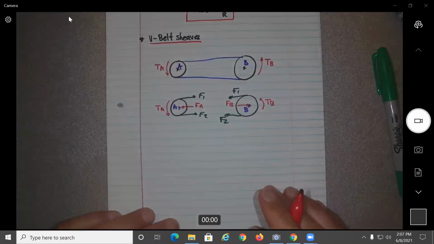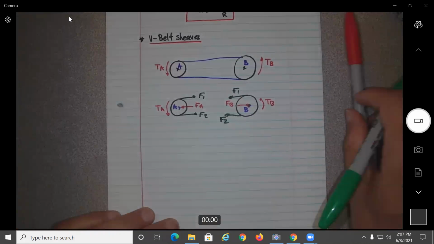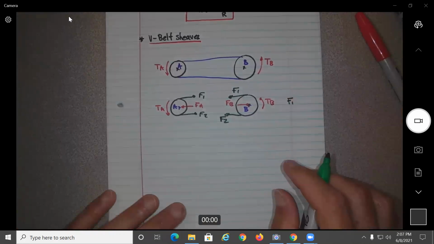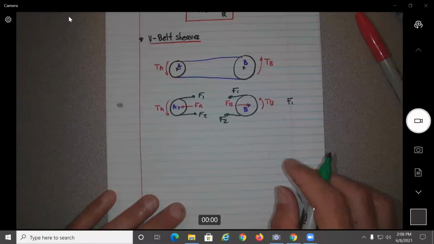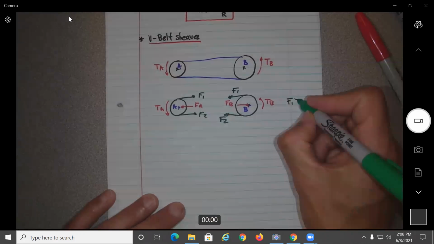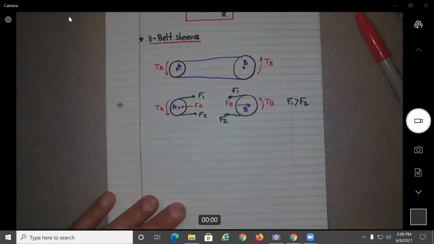Okay, and the only condition here will be what? That, and this makes sense, F_1 should be higher or lower than F_2. If they were equal, what would be the problem? If they were equal, nothing would be moving, no? So it's always the case that the one on top should be higher than the one at the bottom.